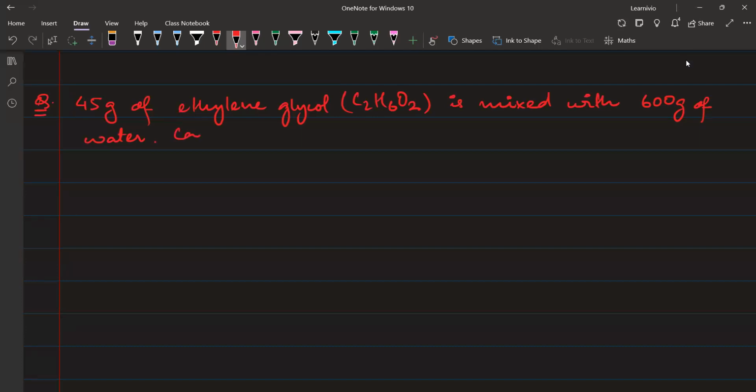Calculate: A part is depression in freezing point. And B part is freezing point of solution.